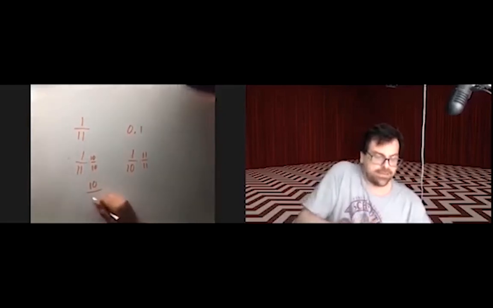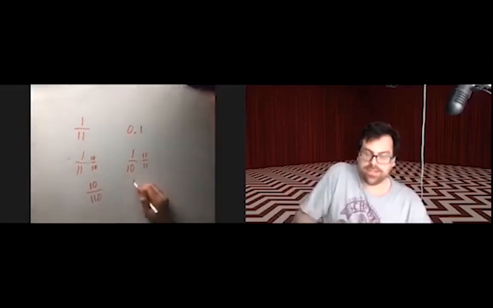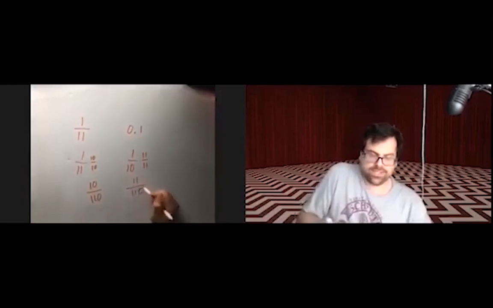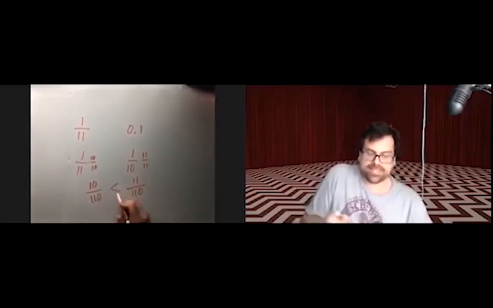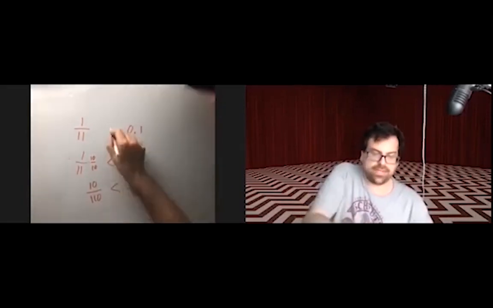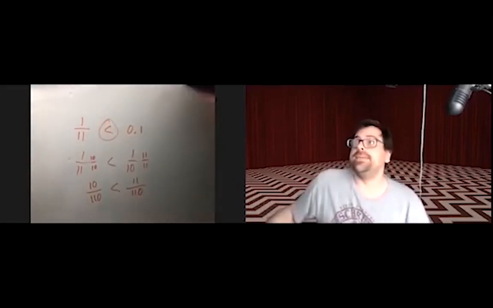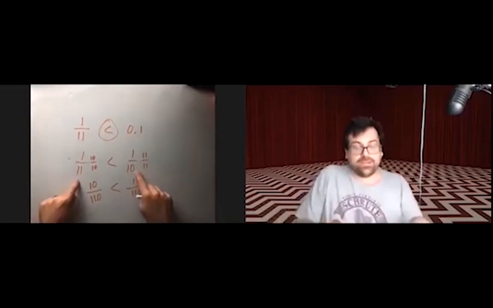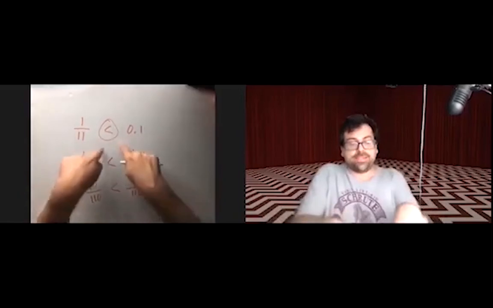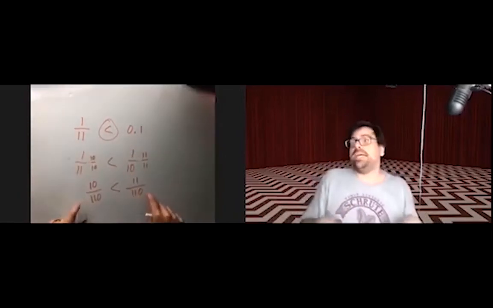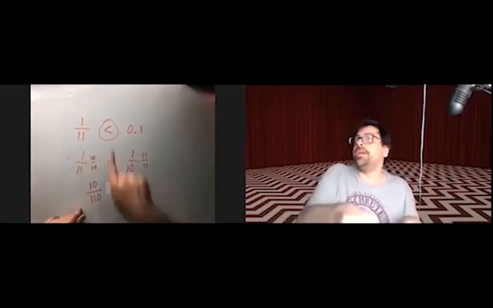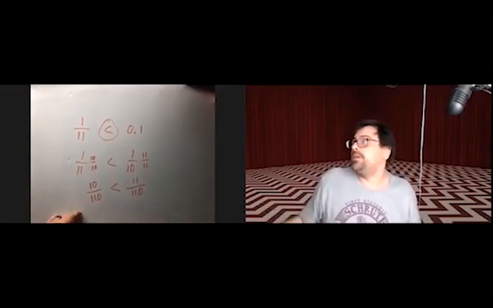This is 10/110. This is 11/110. 10 is less than 11. That less than goes all the way up to the problem. It is less than. Notice, 11 being greater than 10 did not make this greater than. Once we were able to compare with a common denominator, we saw on the tops that it has to be less than.